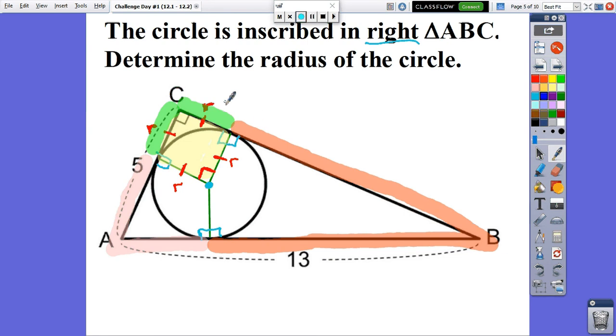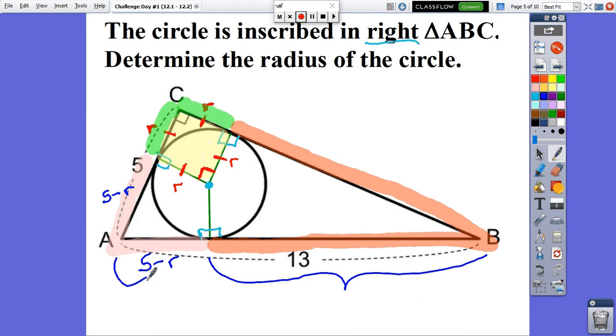So this is R, and so if all the way from A to C was 5, and we're saying that from here to here is R, well then how much is left over from A up to this tangent point? Well, this would be the whole thing, 5, minus whatever that other little piece was, R. And so this party hat piece is also 5 minus R. All right? And so then, how long is it from here to here?